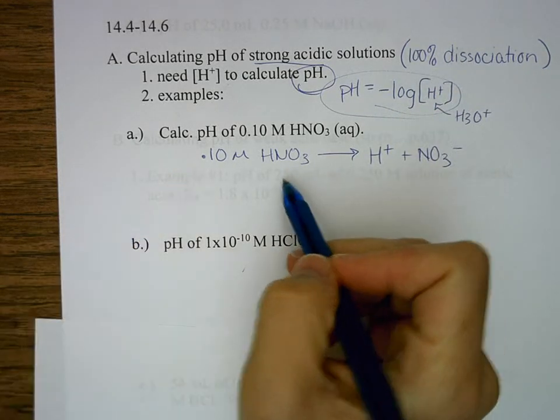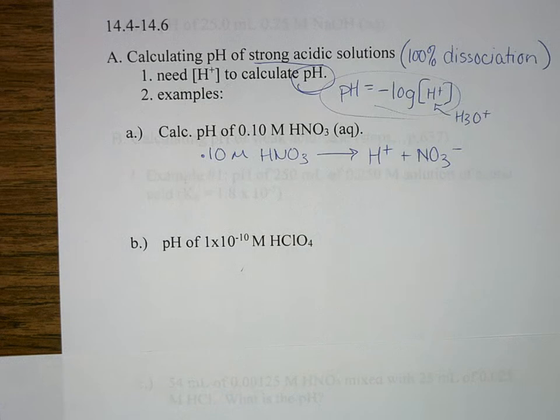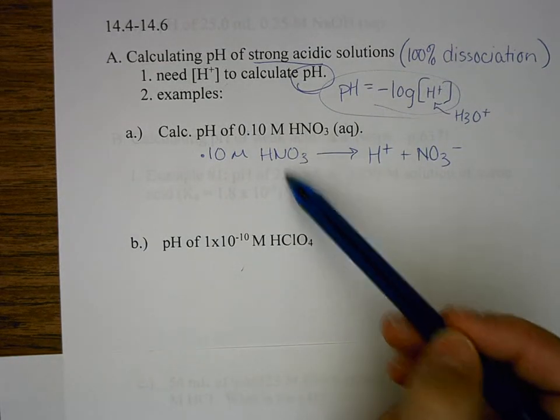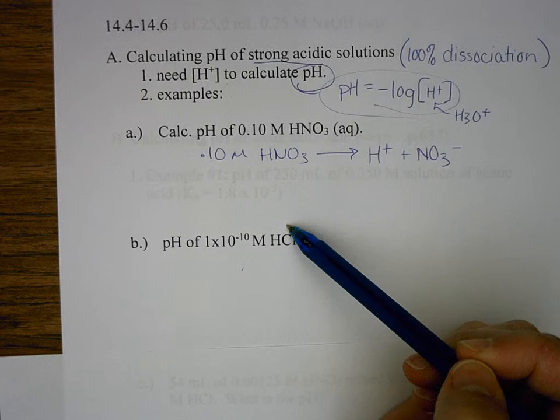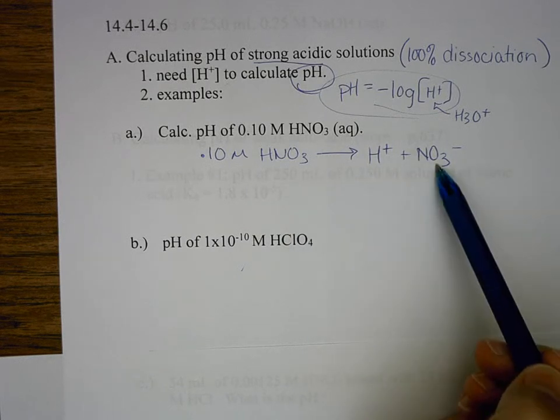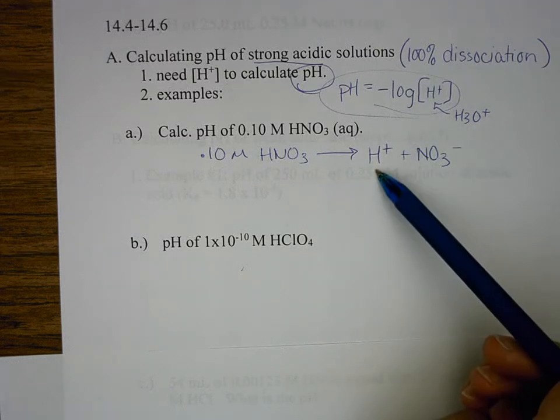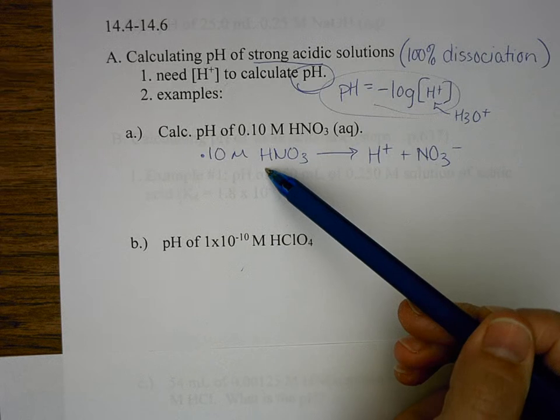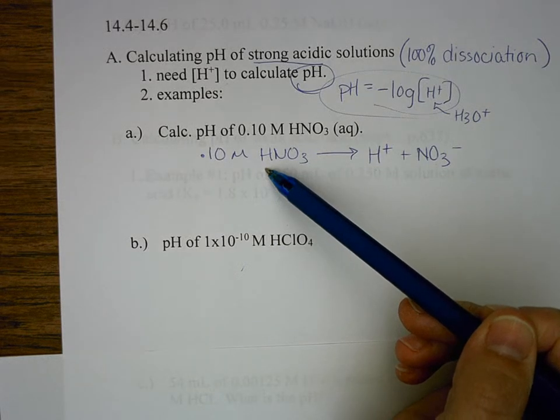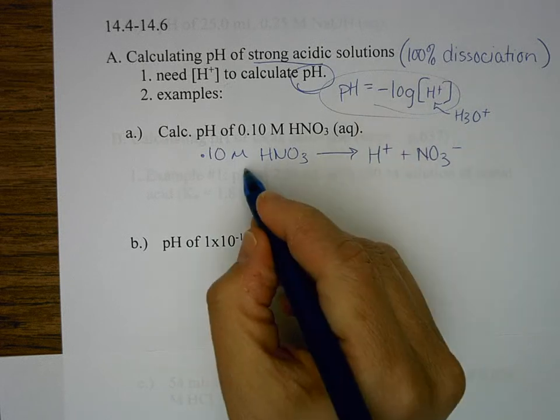If my concentration of HNO3 is 0.1 and it completely breaks apart, that means after it completely breaks apart, I've got 0 left of HNO3. All of it has turned into H plus and NO3 minus. What would be the concentration of H plus after this completely dissociates? What would it be? You can think about it.